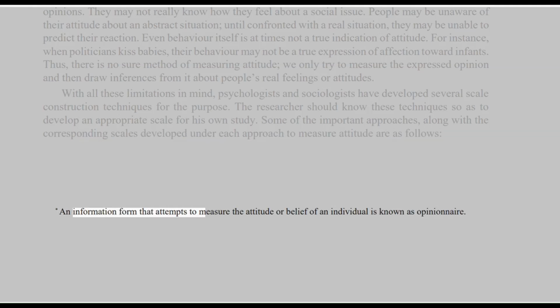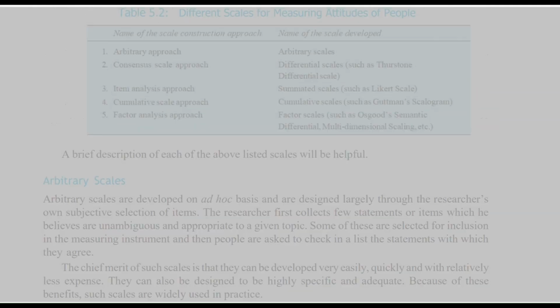An information form that attempts to measure the attitude or belief of an individual is known as opinionaire. Table 5.2 Different scales for measuring attitudes of people. Pause the video to look at the table. A brief description of each of the above listed scales will be helpful.